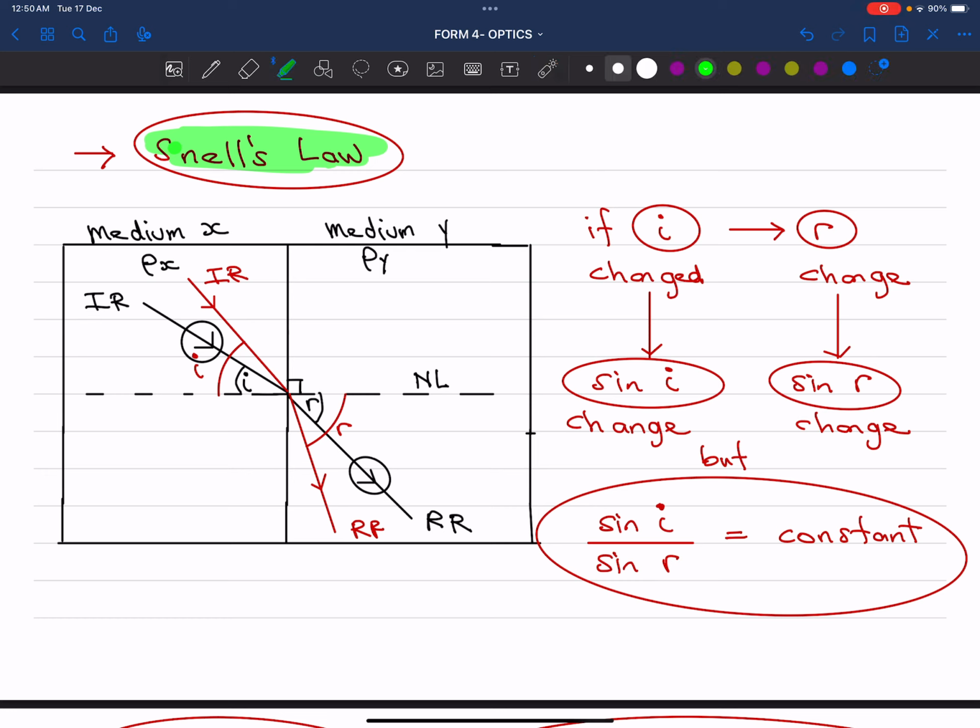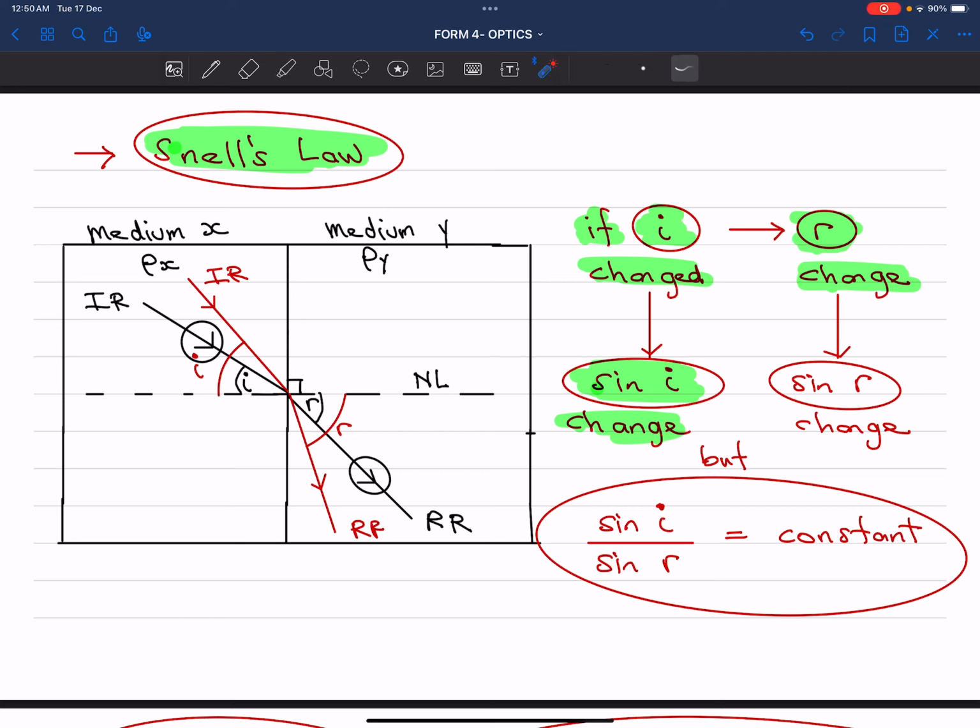So therefore, if the angle of incidence I is changed to a different value, the R, angle of refraction, also will change value. And if the I is changed to a different value, the sine of the I, the sine of the incident angle, will also change.